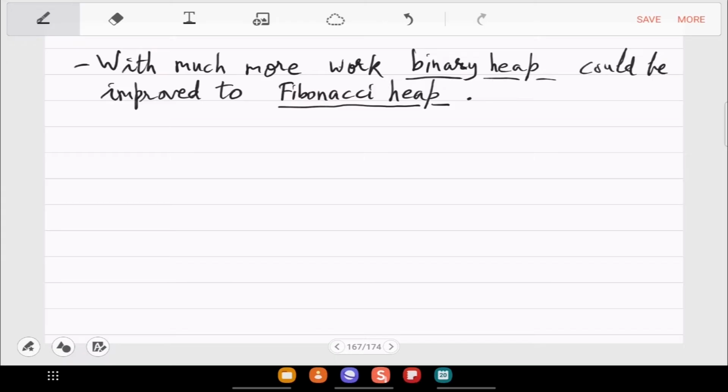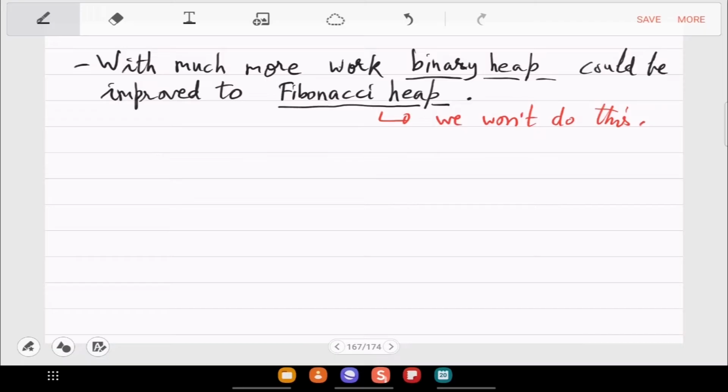So this is not in the syllabus, but if you are interested, you can read about this. The advantage of this optimal heap, the Fibonacci heap, is that almost every operation is constant time.